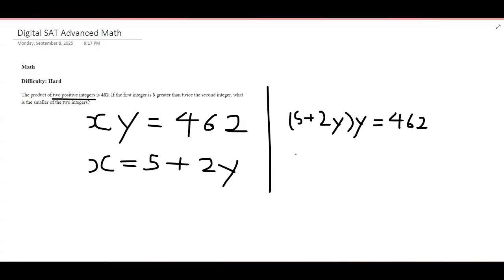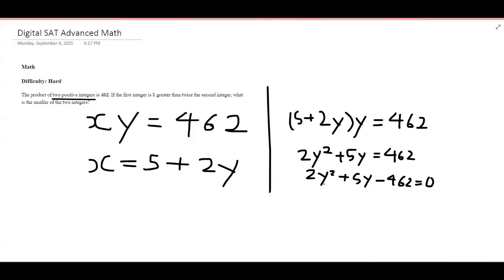So I'm going to go ahead and write this like this, and then I'm going to say 2y squared plus 5y minus 462 is equal to 0.